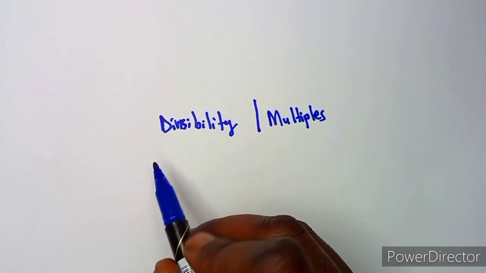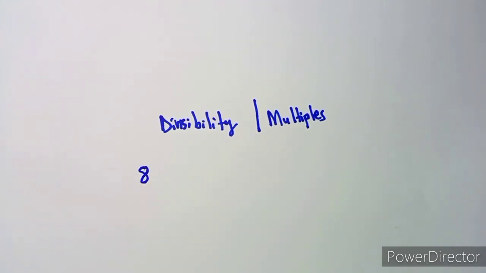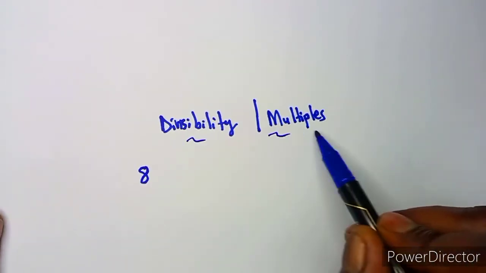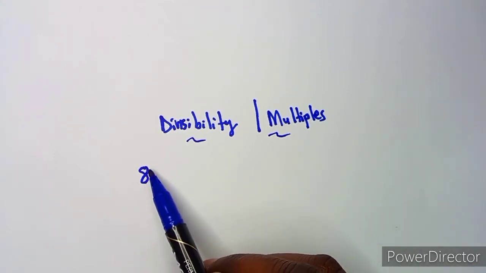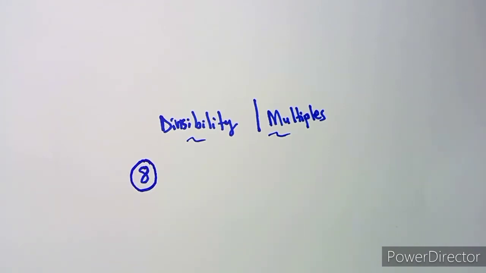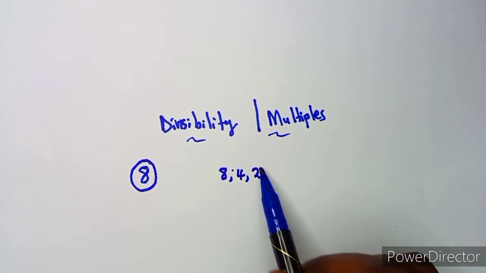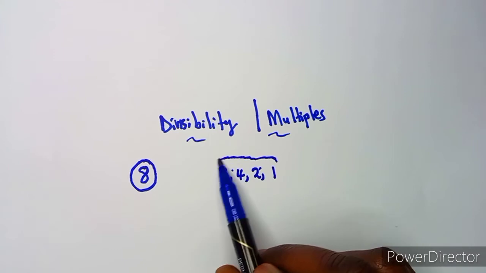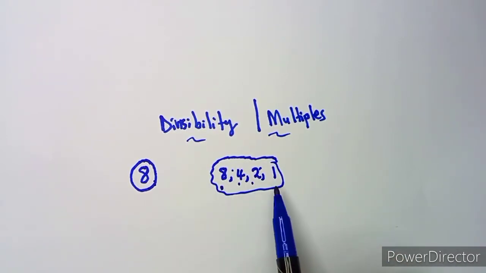If we are given a number 8, there are numbers that are factors of 8, such as 8, 4, 2, 1. If we divide 8 by any of these numbers, we are going to obtain exact values.